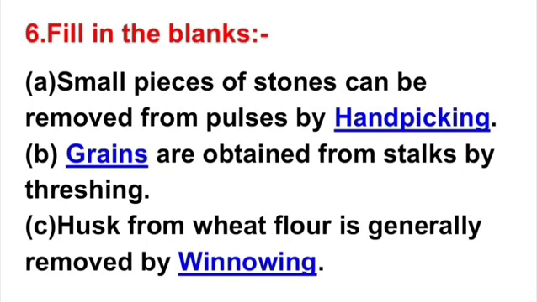So, what is obtained? Grains. Grains are obtained from stalks by threshing. Part C, husk from wheat flour is generally removed by, the answer is winnowing.